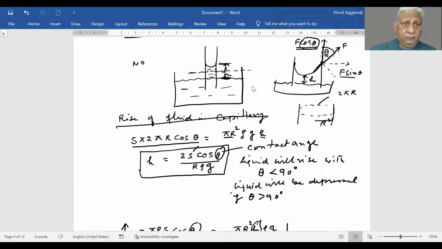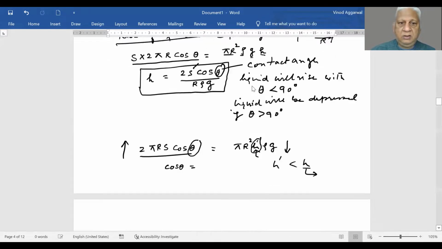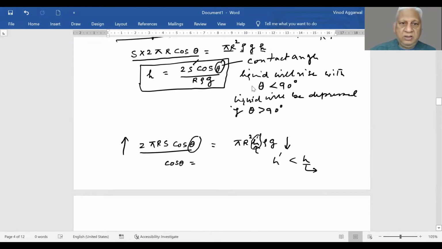There is no overflow. The shape of the meniscus, it may change like this, or it may change like this, whatever. The shape of the meniscus will change, thereby changing this theta angle, and this theta angle adjusts itself in such a way that this equation holds true.